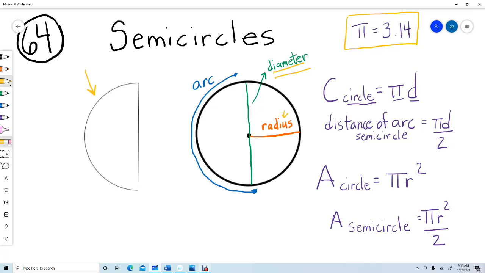Once we understood that value pi, now we can calculate the perimeter of the circle, that is the distance around the outside of the circle, all the way around, and that's called circumference. We don't call it perimeter when we refer to circles, it's called circumference.